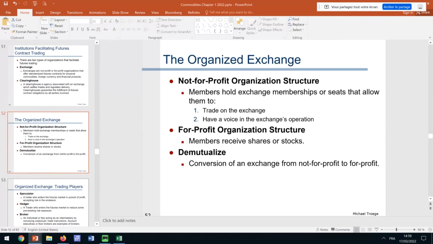So in the old times, and I think it's still the case for some institutions such as the London Metal Exchange, all of these companies were partnerships, some mutual companies, non-profit making organizations. So you had the members who had a membership seat, and they were allowed to trade on this exchange, and everybody else who wanted to trade had to go through them.